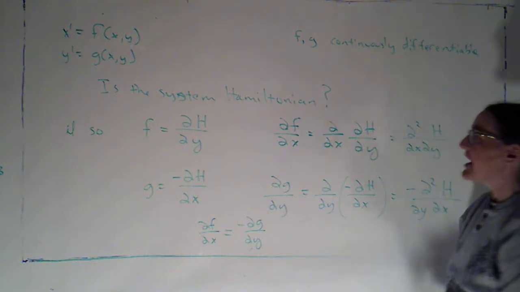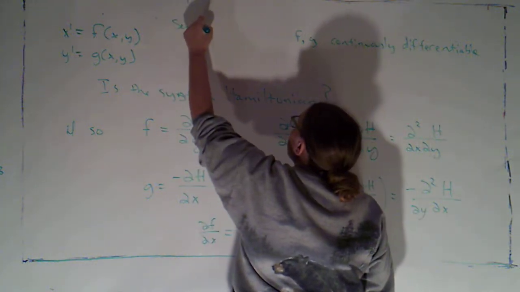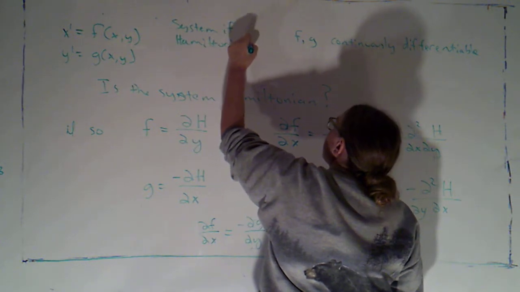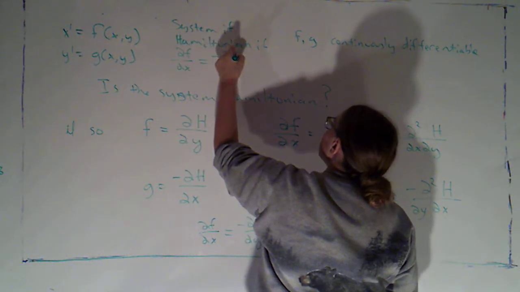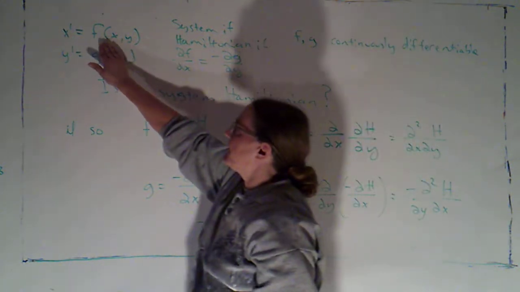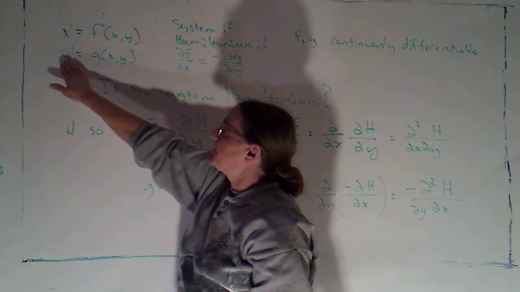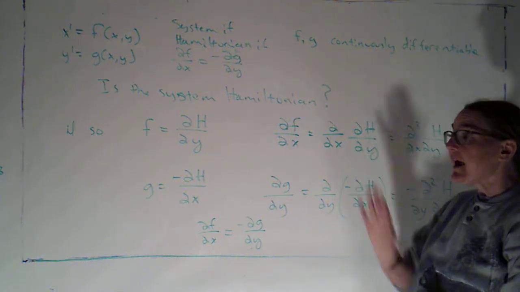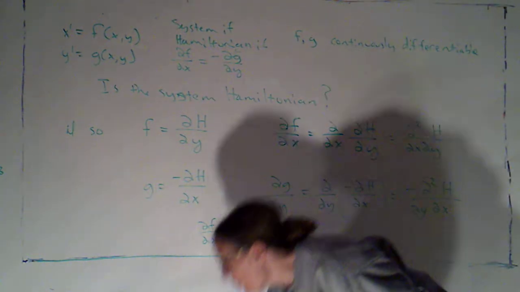So a system will be Hamiltonian if the partial of f with respect to x is the opposite of the partial of g with respect to y, where f is the function that's giving me my x prime or my dx by dt, and g is the function that's giving me my y prime or my dy by dt. So that's how we'll be able to check for whether a system is Hamiltonian or not.